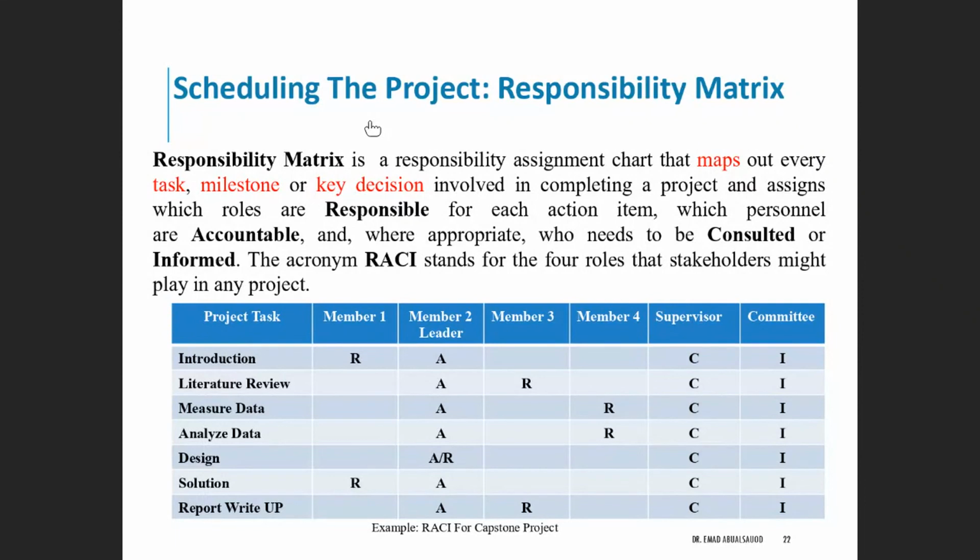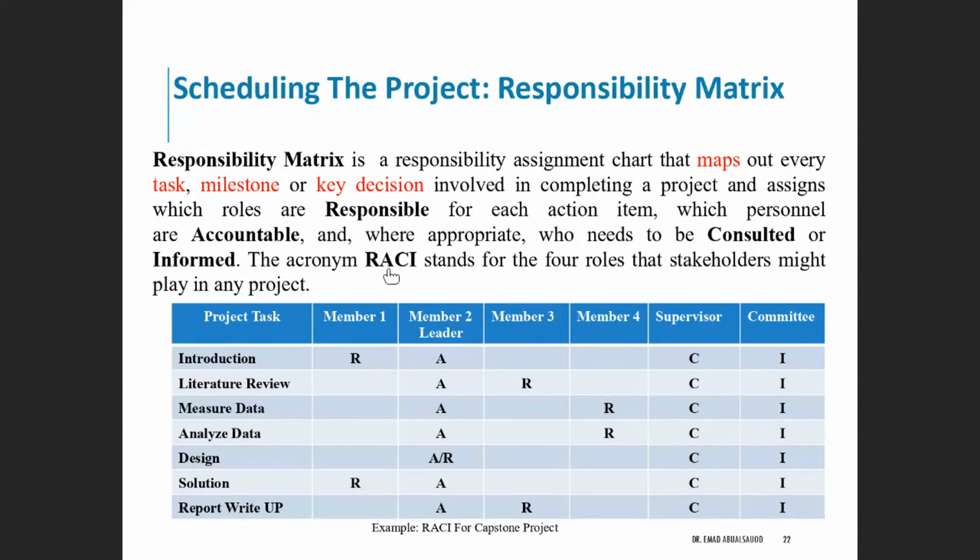Using a responsibility matrix is one of the tools that can be used for that purpose. A responsibility matrix is an assignment chart that maps every task, milestone, or key decision involved in completing a project and assigns the roles of each assignee, whether responsible, accountable, consulted, or informed.